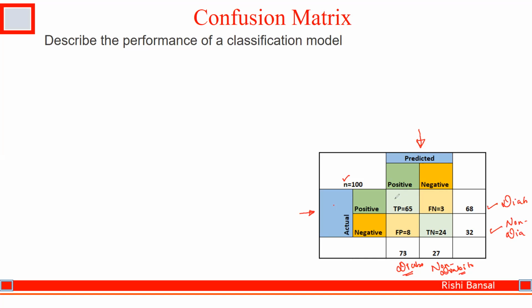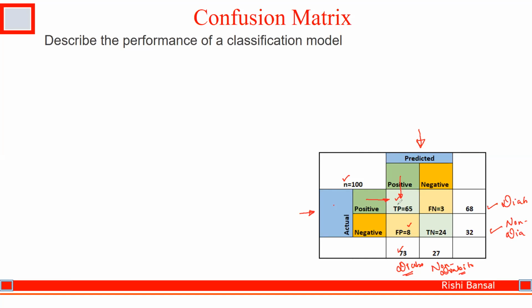Now, true positive. We'll see this square. It means that out of the 73 which you predicted as diabetic, 65 were correct and 8 were incorrect. You predicted positive and it was positive, means it was diabetic.